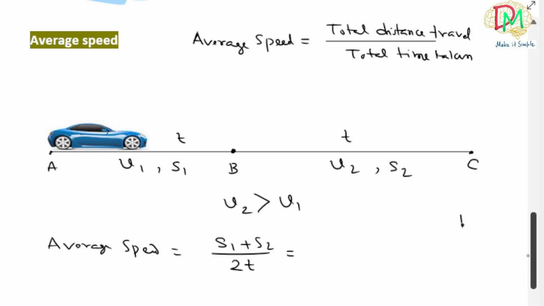We know that v is equal to s by t, so s is equal to vt.